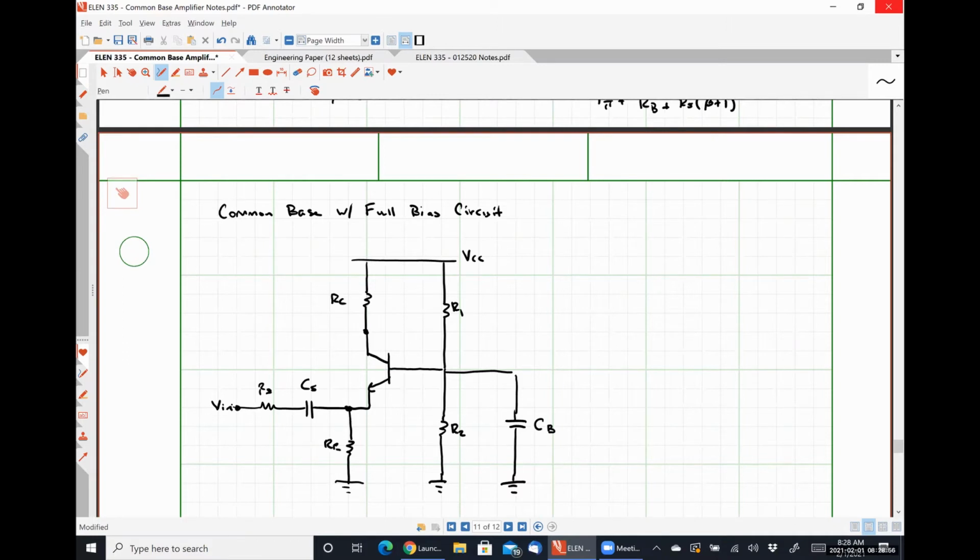But we have to make sure that we have that emitter degeneration resistor there to ensure that our DC biasing conditions has a path to ground for the emitter current so that it's not always set to be exactly equal to 0. So this is what our common base with full bias circuit looks like. Looks suspiciously like one of your homework problems, I think.